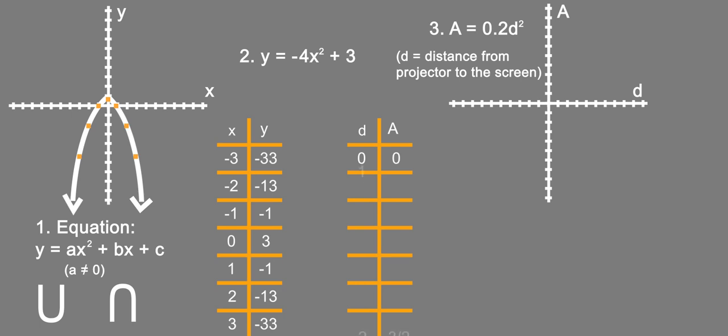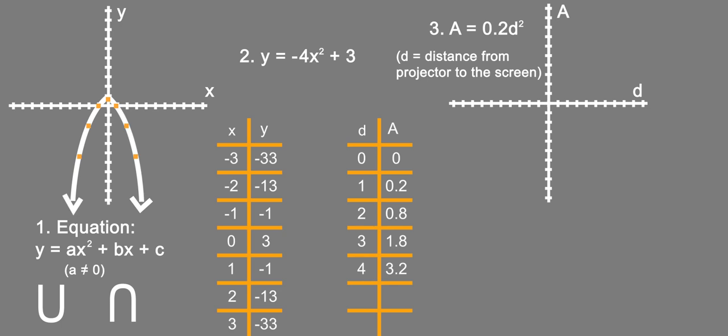1. 1 squared is 1. 0.2 times 1 is 0.2. 2. We have 2 squared is 4. 4 times 0.2 is going to be 0.8. 3. 3 squared is 9. 9 times 0.2 is going to be 1.8. 4, we have 4 squared is 16 times 0.2 is going to be 3.2.